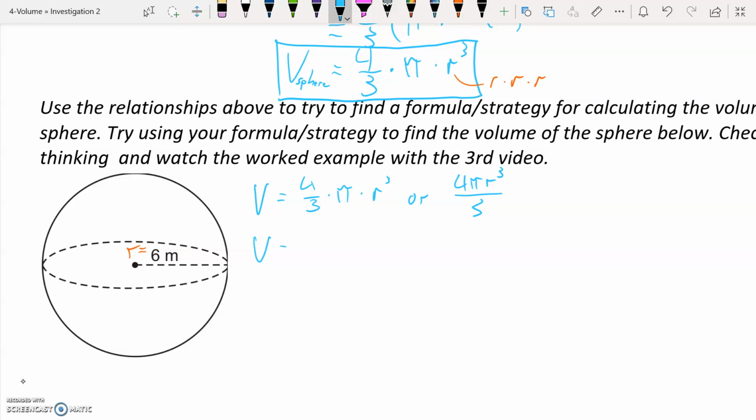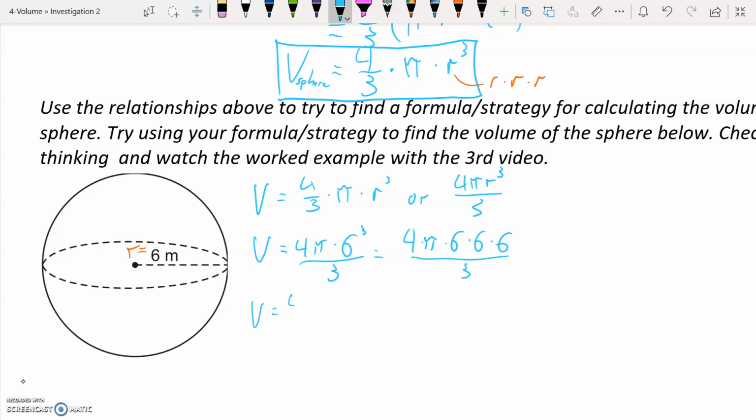So now I'm going to substitute in my radius. So 4 times pi times 6 cubed over 3. And 6 cubed is, so this should be 4 times pi times 6 times 6 times 6 divided by 3.